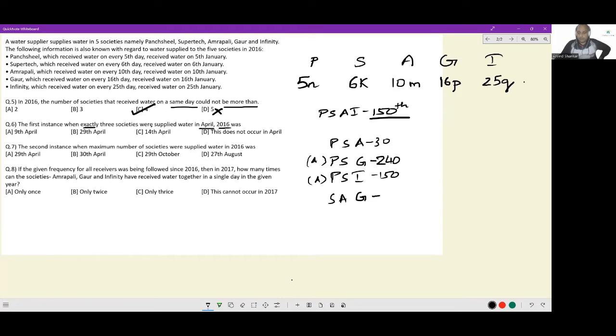So 240 again. And we have P also receiving water on this day. So this is not ideal. SAI. So we have 150 again. And again for 150, we'll also have P receiving water on this day. So this is not ideal.